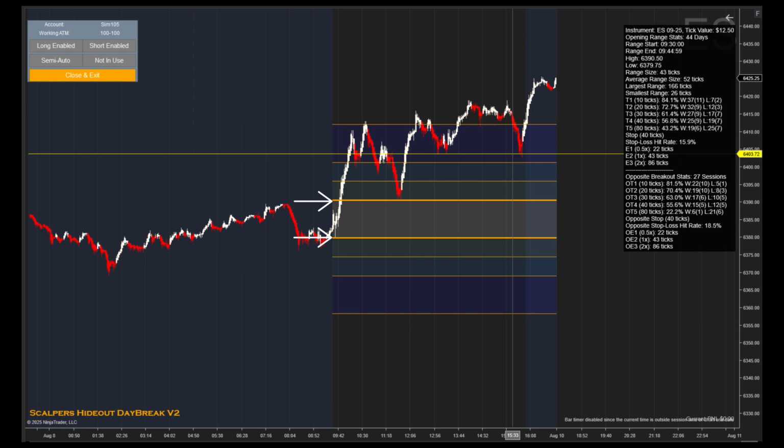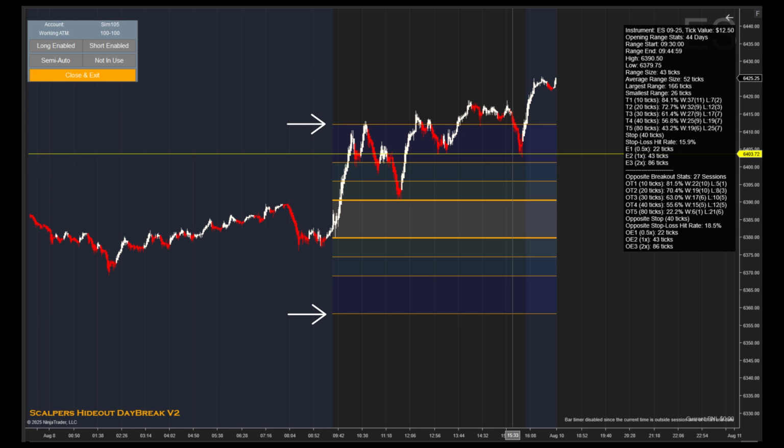They're extensions of the opening range. And the first line you have here is extension 1, which is 50% of the size of the opening range. Extension 2 is 100% of the size of the opening range, and extension 3 is 200% of the opening range.